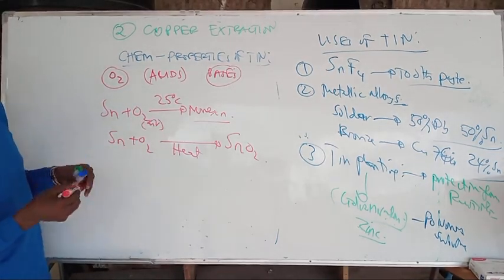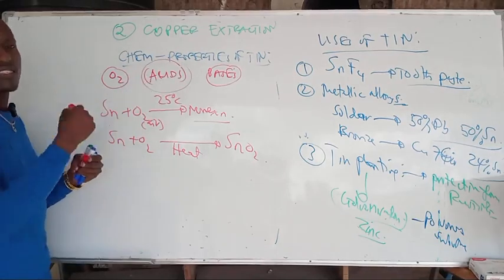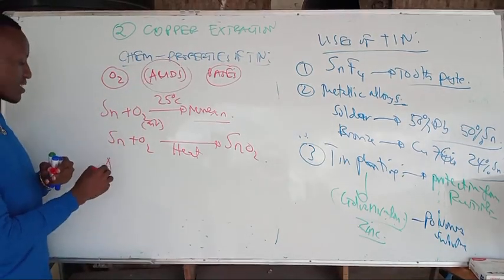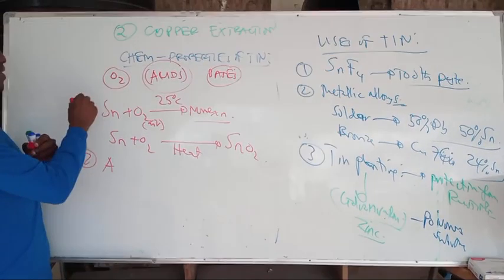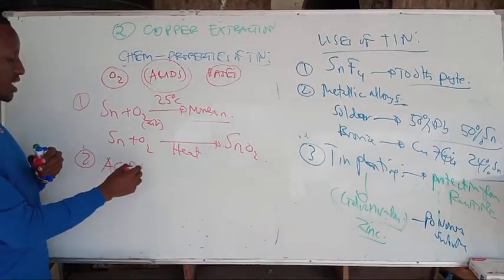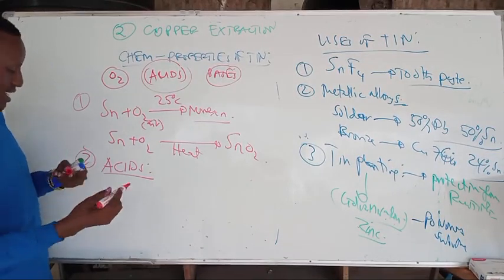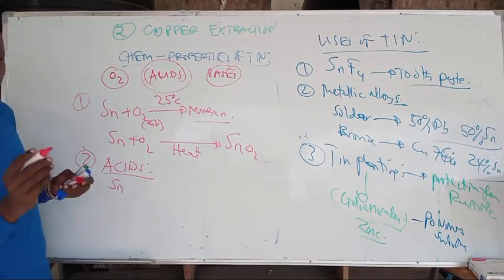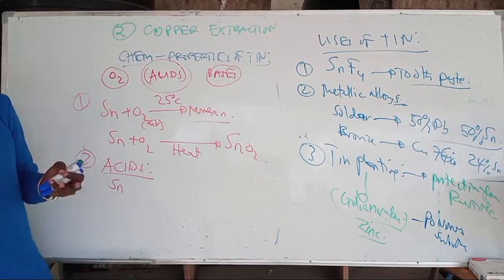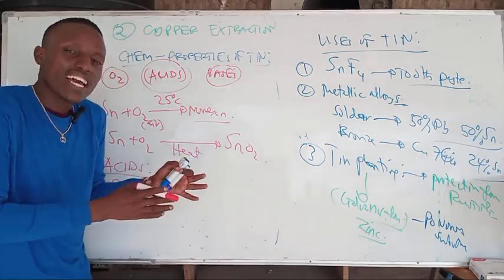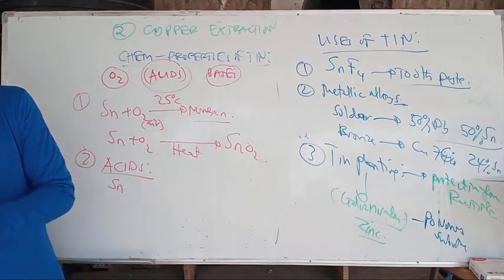But the second thing is about the acids. Speaking about the acids, number 2, this is number 1. Reaction with acids. How does it react? The reaction of tin depends on the type of acids. There are those which are non-oxidizing and there are those which are oxidizing.